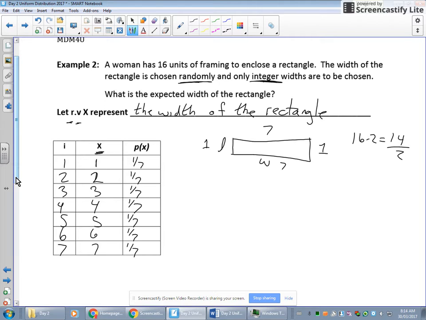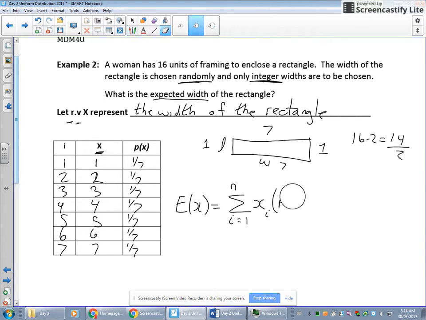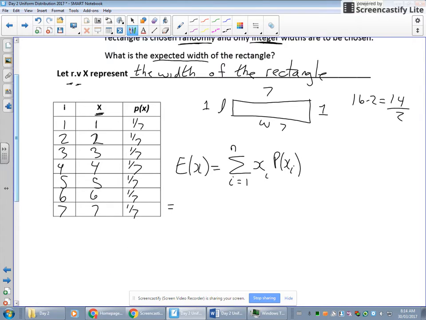In this case, we're not asked to graph it. We're asked for the expected width. So we remember that the formula for the expected value is the sum from i equals 1 to n of the value times the probability of that value. So in this case, I have 7 values that exist.